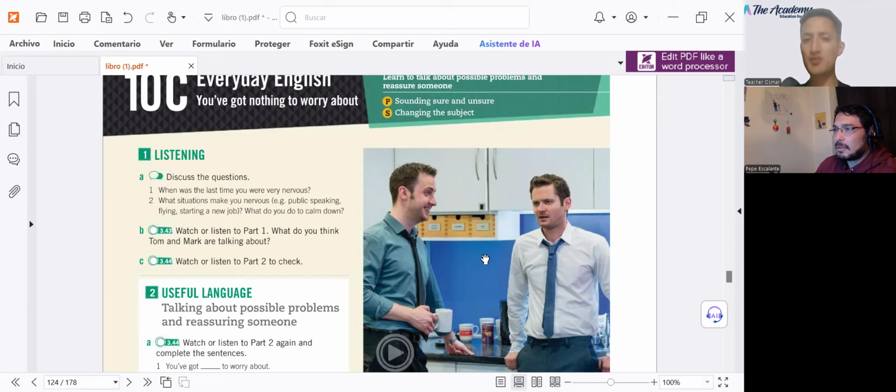Take a look at the picture. What do you think they are talking about? They are talking about maybe something in the office. Maybe something related to work. What else? The guy on the right is a little worried. He's worried.